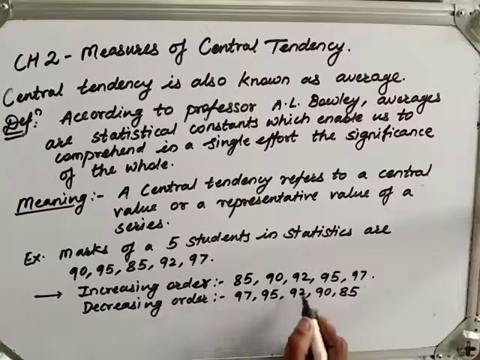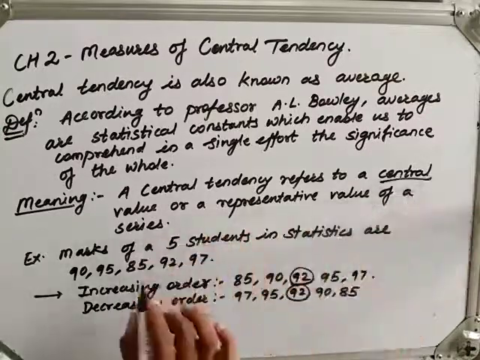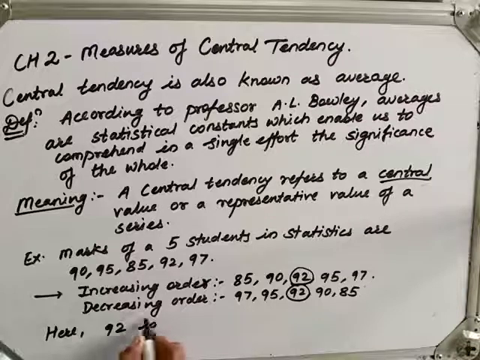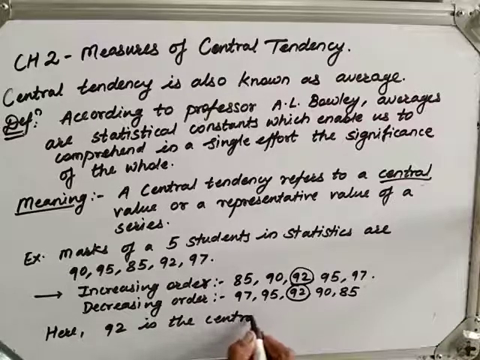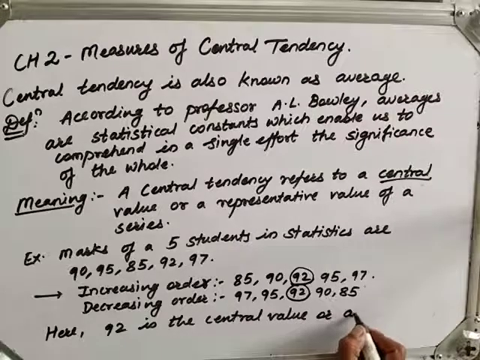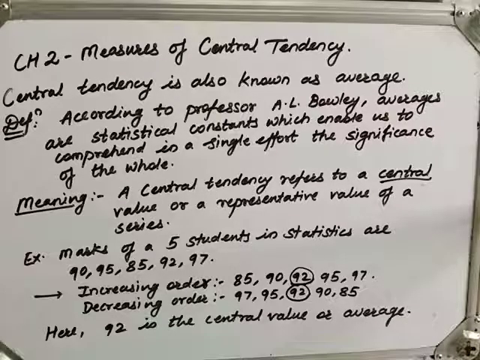From both of them we can get this 92 is the central value. So here I can say 92 is the central value or average of the series.